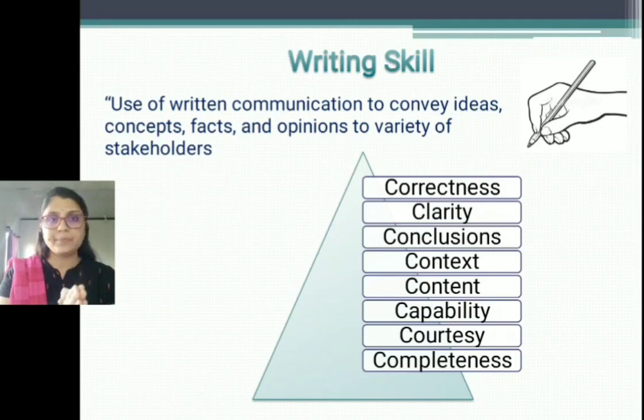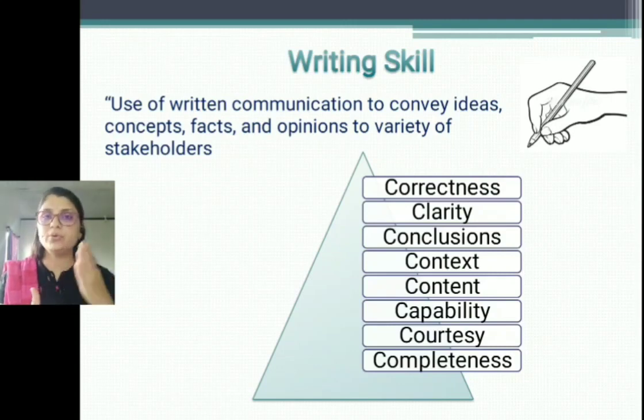These are the 8 C's, which are very important while writing any report. Correctness: whatever information he writes in a report should be correct, regarding the product or the enterprise, so that customers can have faith in the written material.